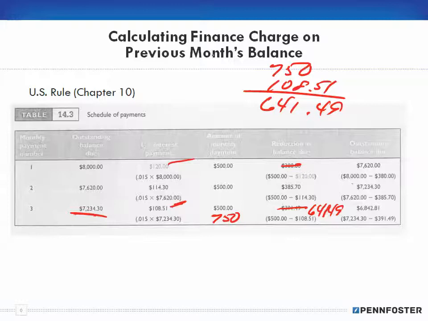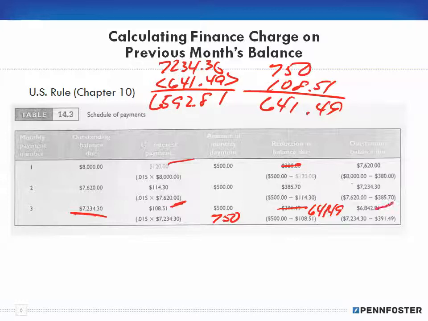And then that would change my outstanding balance from 723430, and I would subtract 641.49, which would give me a new balance here of 6592.81, and that would be the beginning balance for my next period, okay?